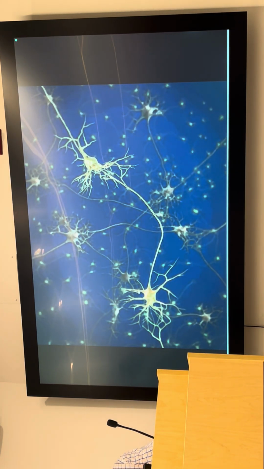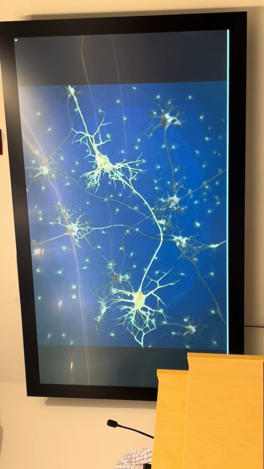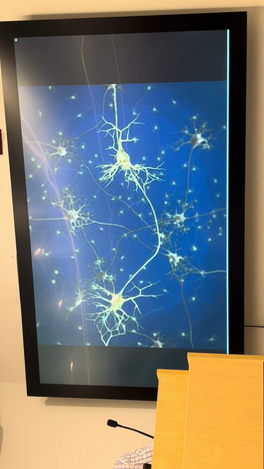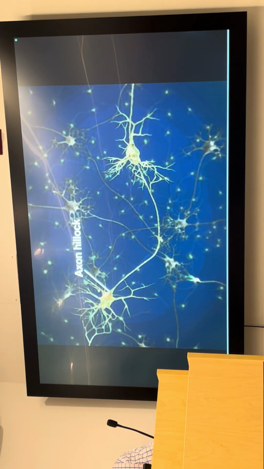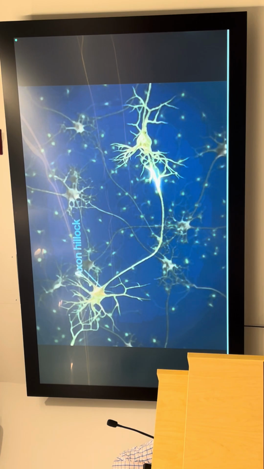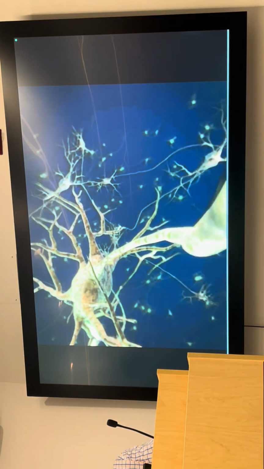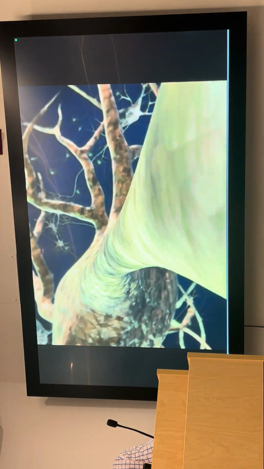Neurons send signals over long distances by generating and propagating action potentials. Most action potentials originate near the axon hillock of the cell body in the initial segment of the axon. It then travels the entire length of the axon.